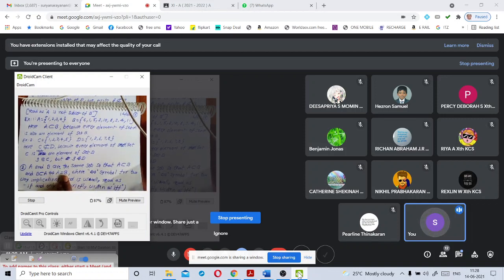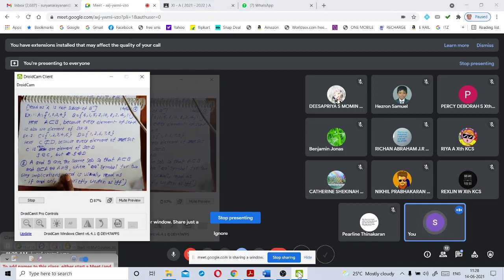Now we define equality of two sets by using the subset concept. If A is a subset of B and B is also a subset of A, then we say that the two sets are equal. Means every element of set A is also an element of set B and every element of set B is also an element of set A. Then we say that A is equal to B. They are equal sets.